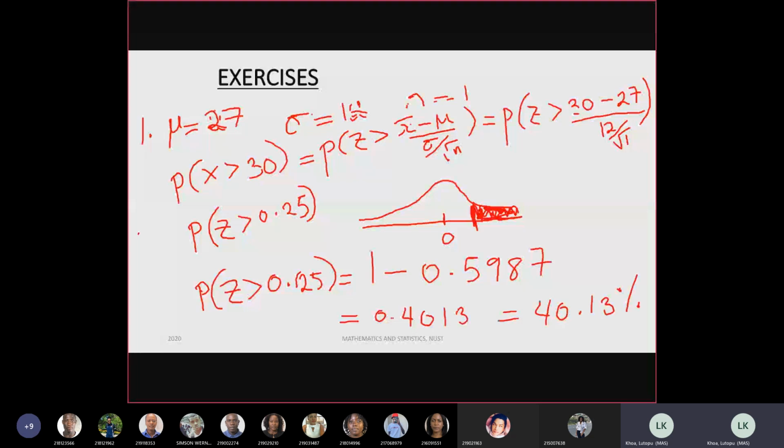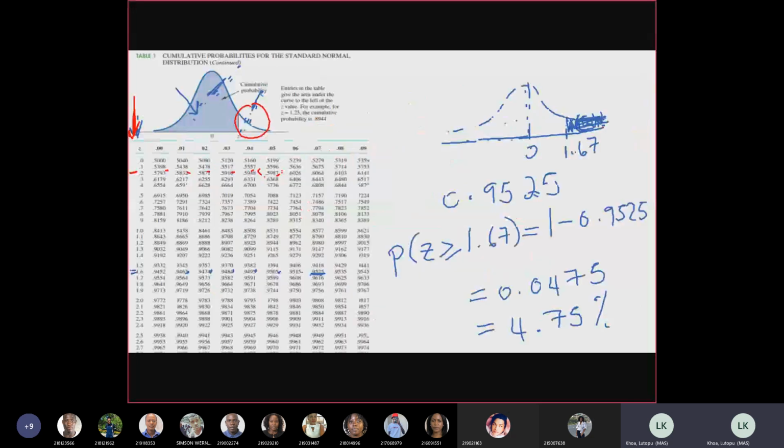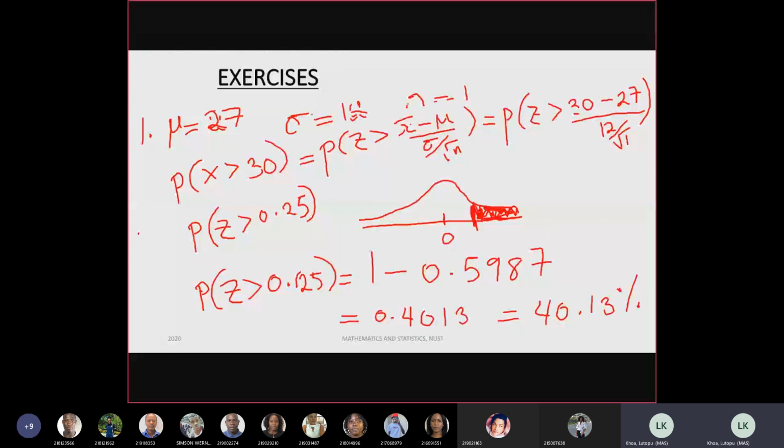Because this is a word problem, your final answer must also be in words. So what you will say is the probability that a randomly selected individual is more than 30 years old is 40.13%. So that's how you would answer it.